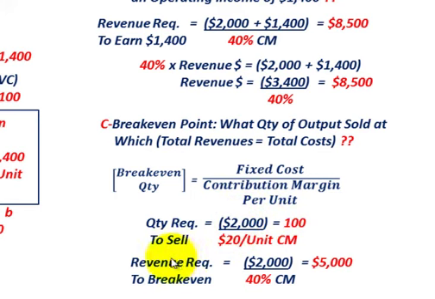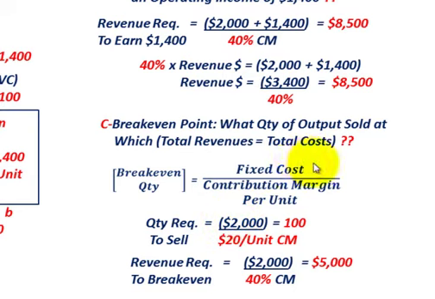And then looking at it in terms of revenue required to break even, again, just use your fixed cost divided by the contribution margin as a percentage. So that $2,000 divided by 40% is going to give you total revenues needed of $5,000, which is going to equal your total cost. So the key when you're dealing with the contribution margin method is to remember that it depends whether you're looking at total operating income or just covering your costs.